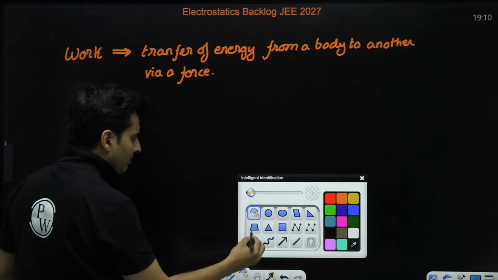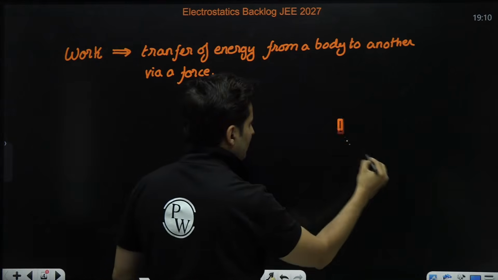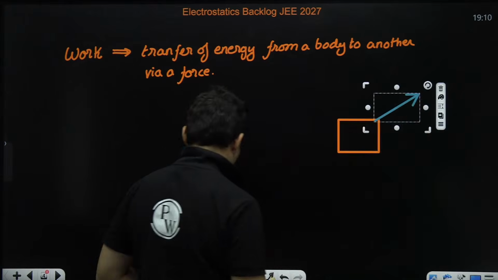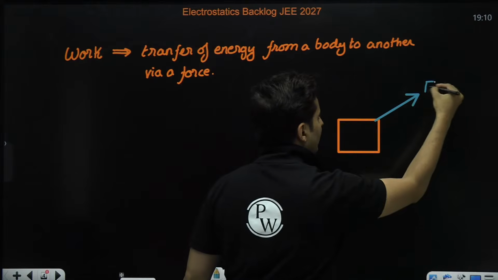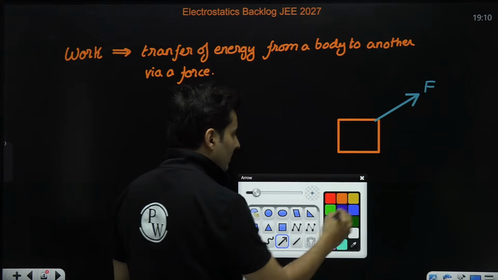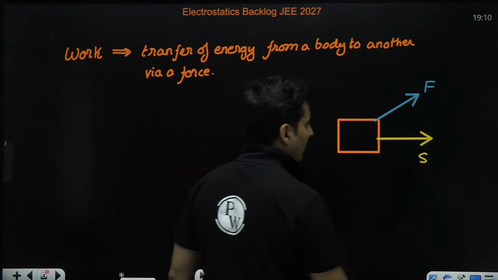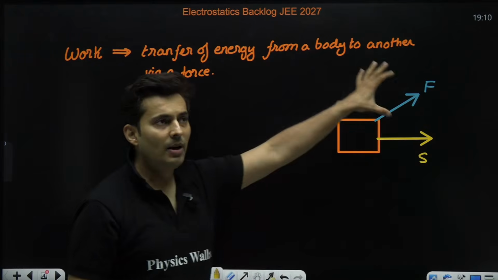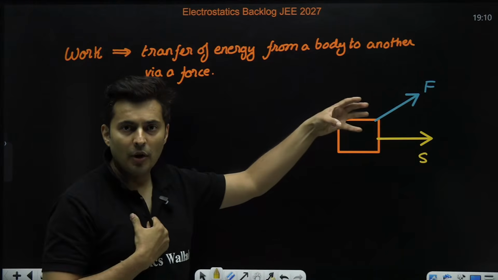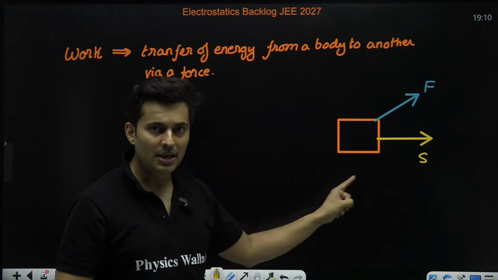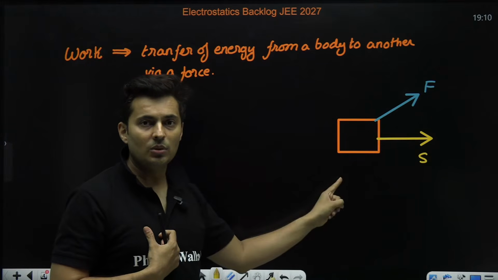So for example, if I have some box over here and somebody is applying some kind of force F over here, as a result of which this box ends up displacing by an amount S. So I am applying this force. So I am a body. I have applied this force on this box. So that is another body. I have transferred my energy to this box.